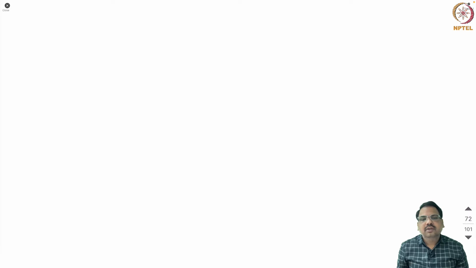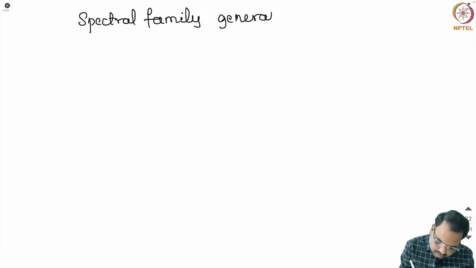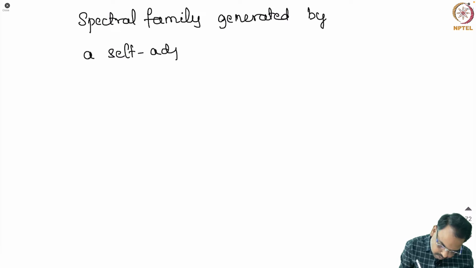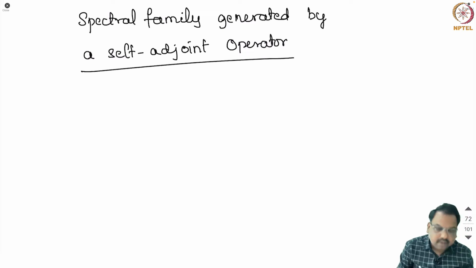Now using this, we want to define a spectral family generated by a self-adjoint operator. Okay, so let us look at a self-adjoint operator T.